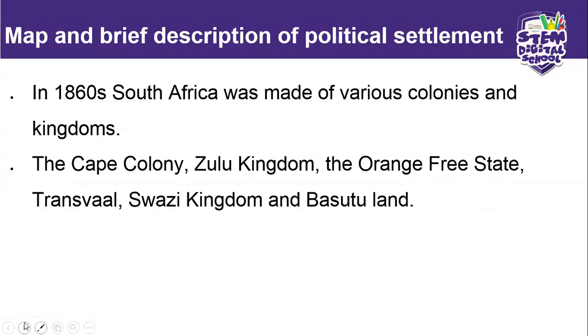And then Basotho land is now the country of Lesotho. It was called Basotho land. So those were the political settlements in the 1860s in South Africa. Yes, I think you still remember this from term 1.